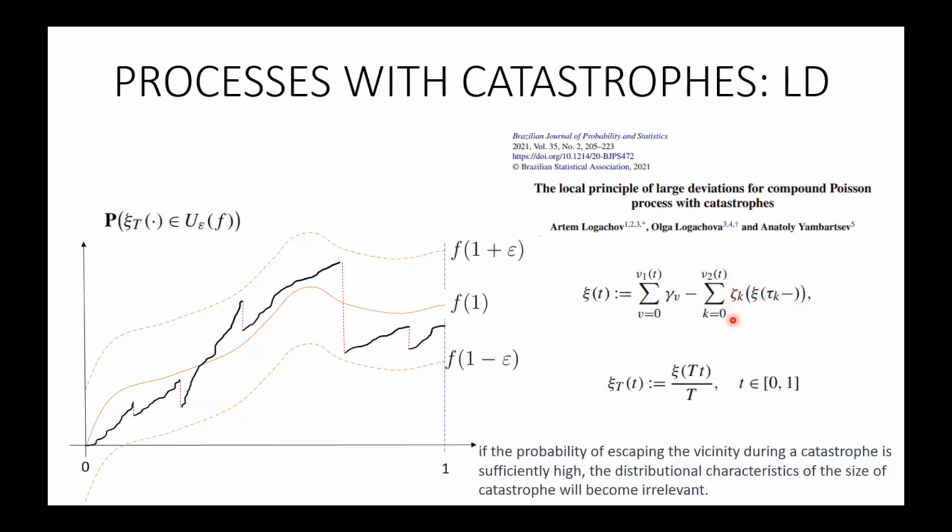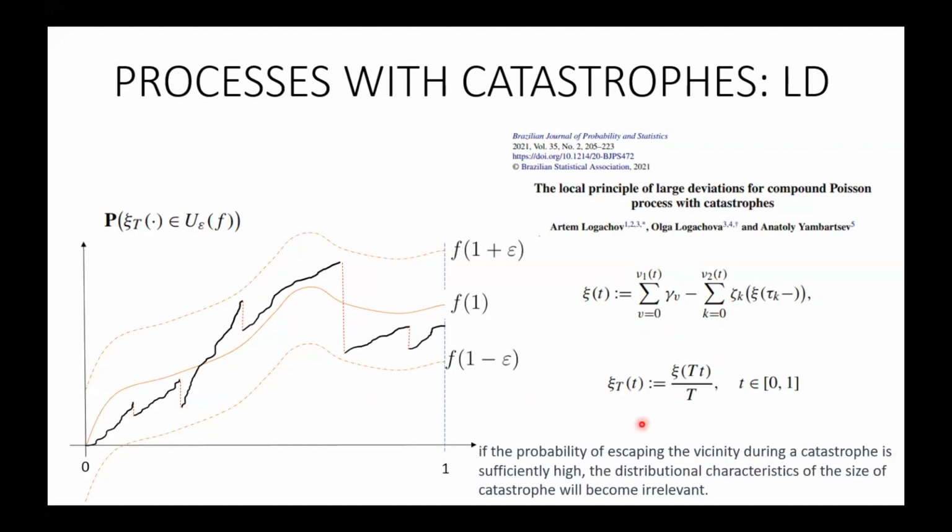So the catastrophic events come according to a Poisson process with some rate. So tau k is independent of eta, independent of anything else. Yes, sure, independent. Okay, thank you.